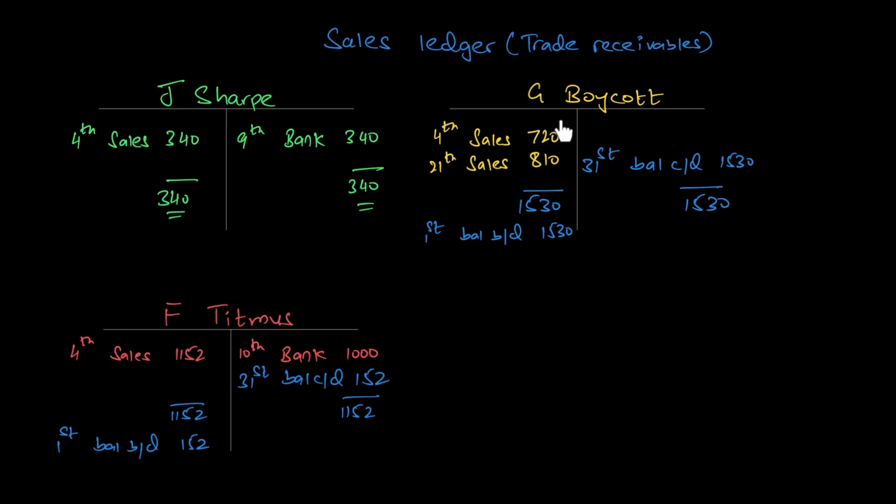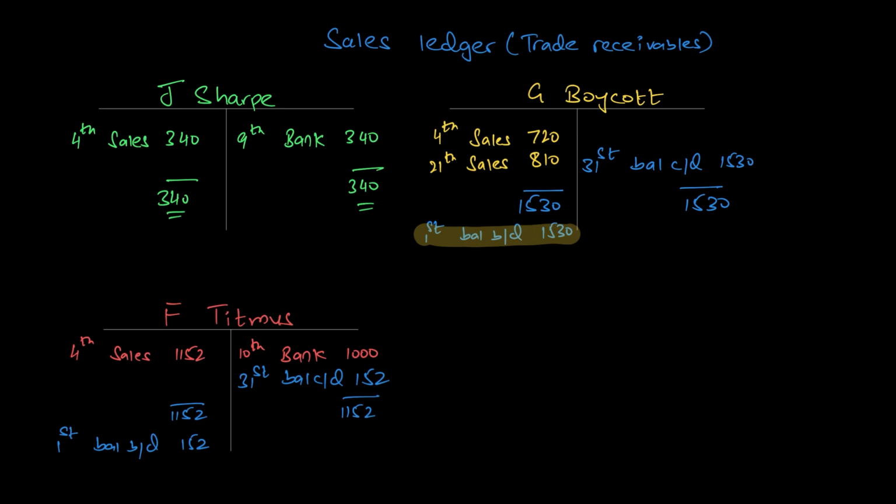We know G Boycott is a trade receivable. Trade receivable should have a balance brought down which should be on the debit side. And for an asset account, the debit side will always be heavier than the credit side, which is why you will find balance carried down to be on the credit side. Now this debit balance 1530 shows that G Boycott owes you 1530 on the starting date of the next period.